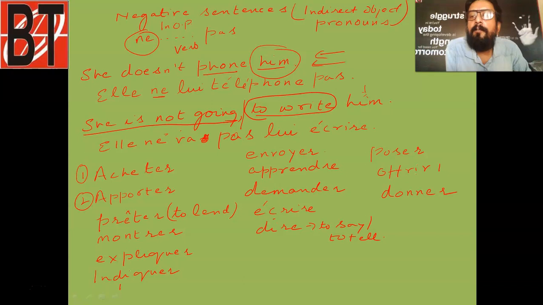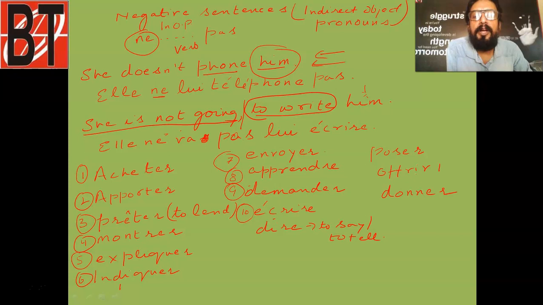Apporter, to carry, to bring. Prêter, to lend. Montrer, to show. Expliquer, to explain. Indiquer, to point out. Then we have this envoyer, to send. Apprendre, to learn. Demander, to ask.